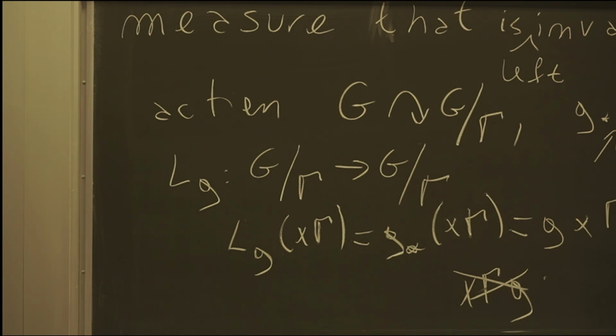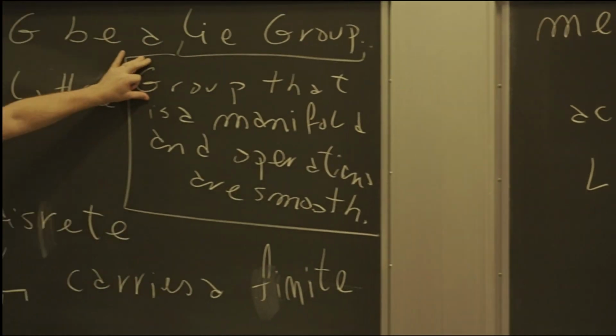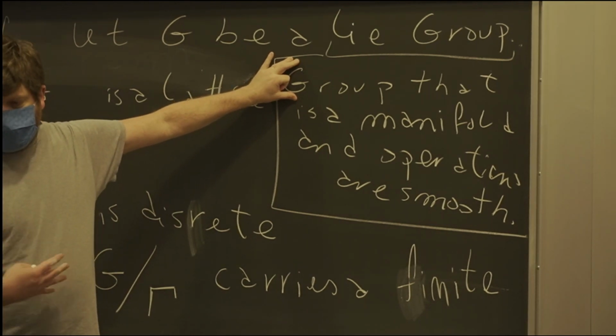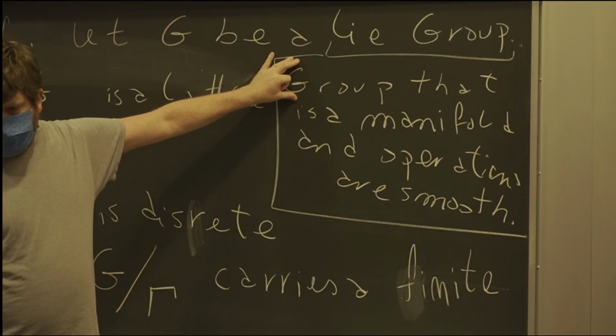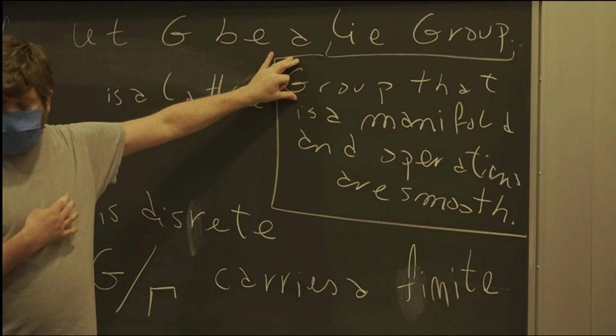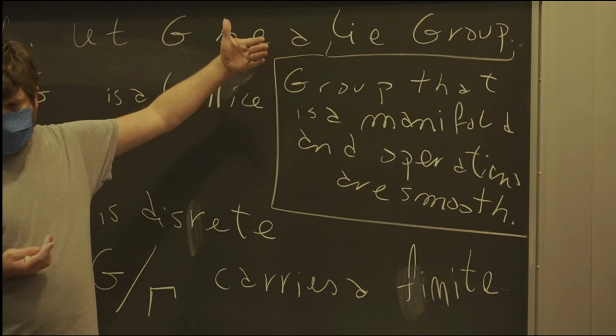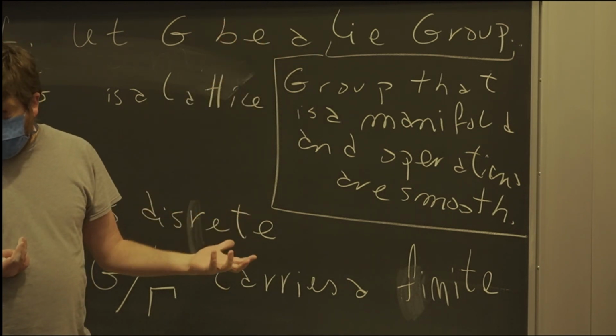Actually, the way you do it, I don't want to enter too much into this type of detail, but you can put on G a distance, given by a Riemannian metric, which is invariant by right multiplication. And the fact that it's invariant by right multiplication on G makes it so that this Riemannian metric can be projected to G mod gamma.